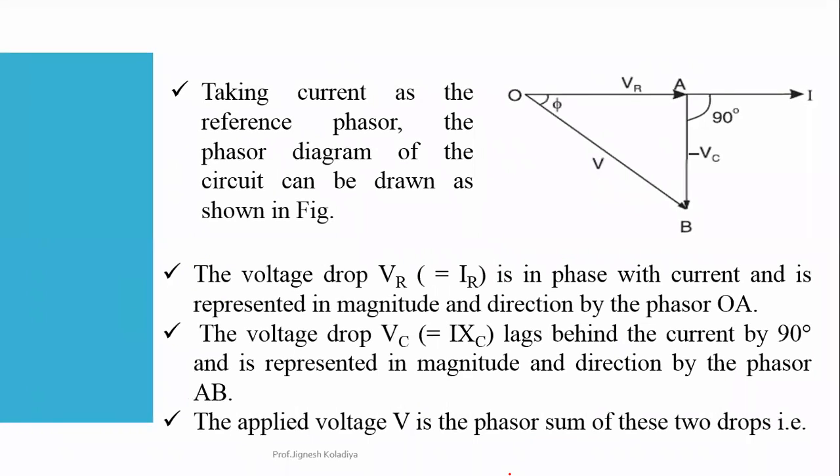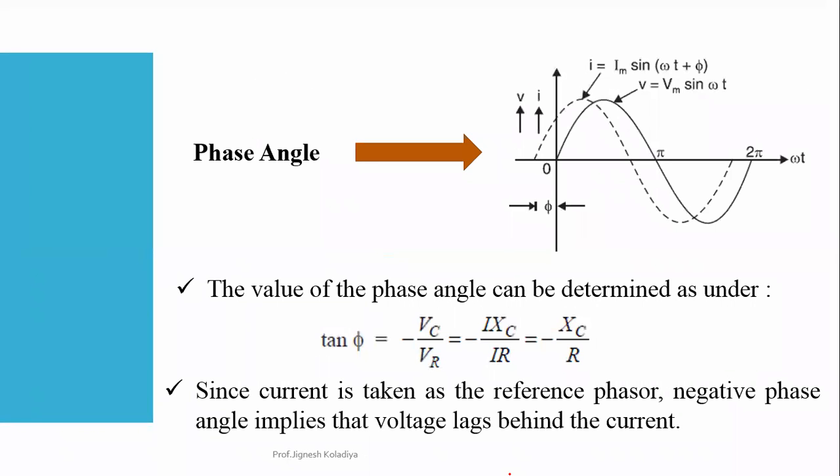And here when I'm taking minus sign over here, it is clearly mentioned that current is taken as a reference, right? Current is taken as a reference, and that's why the negative phase angle implies that voltage lags behind the current. Voltage lags behind the current, right?